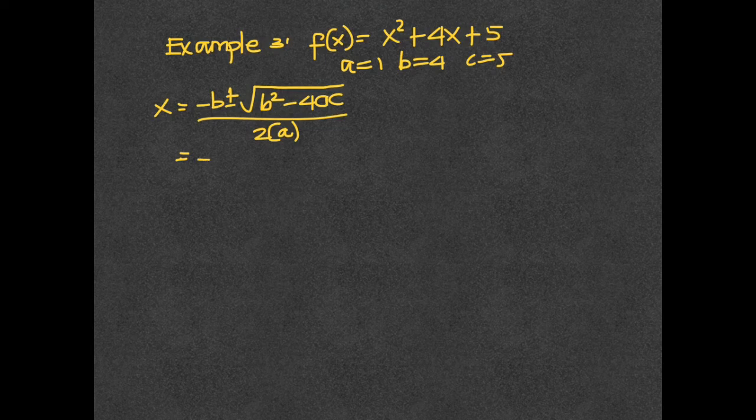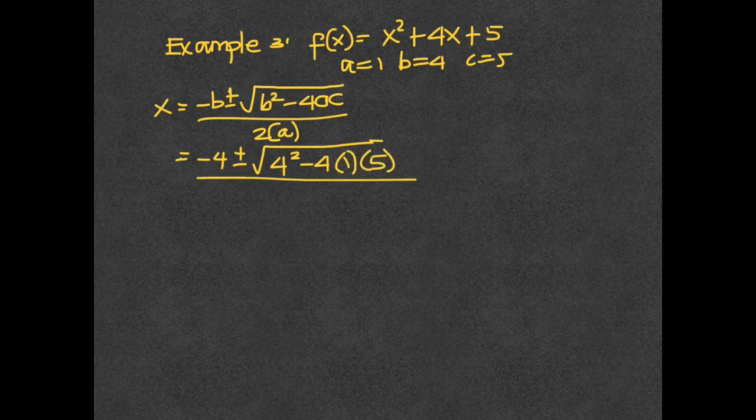So we have the negative of b, and b is 4, so it's negative 4, plus or minus the square root of b squared, 4 squared, minus 4 times a, which is 1, times c, which is 5. This is all over 2 times 1.